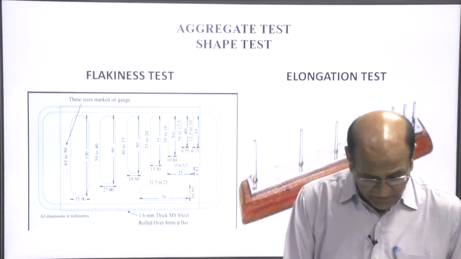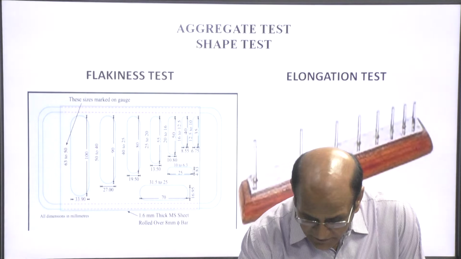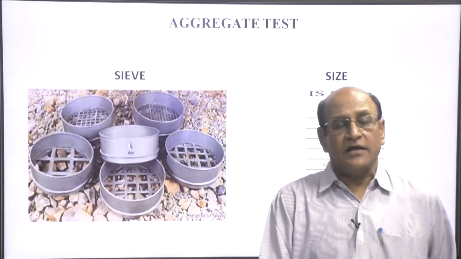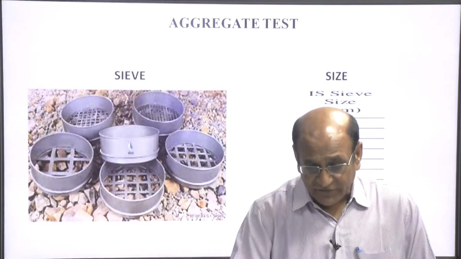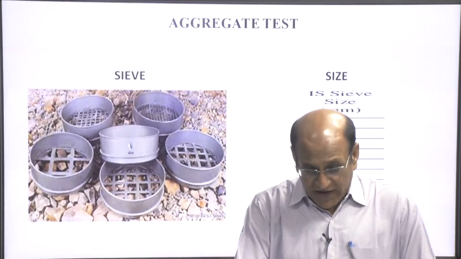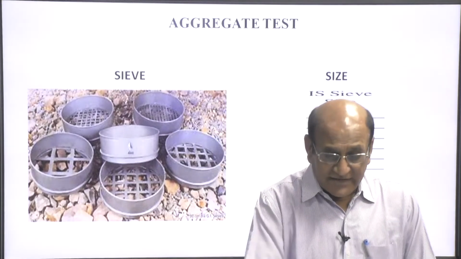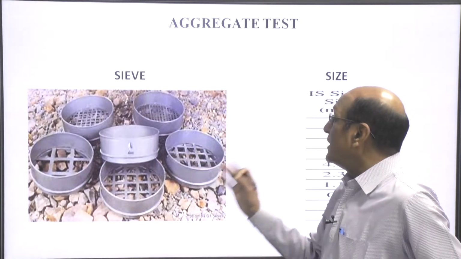So, the next is the sieve test. This is a very important test because it is always done at the site also. This is the standard sieve as per IS from 80 to 0.15 mm size, and these sieves have slots of different sizes.